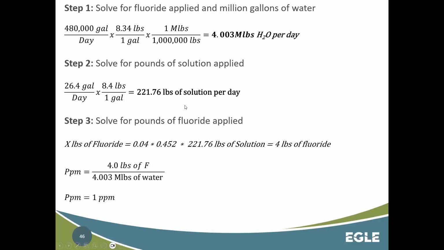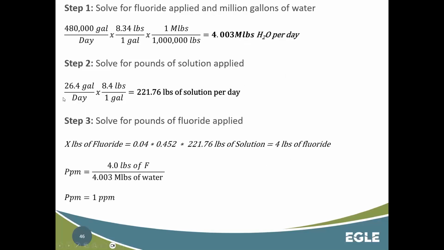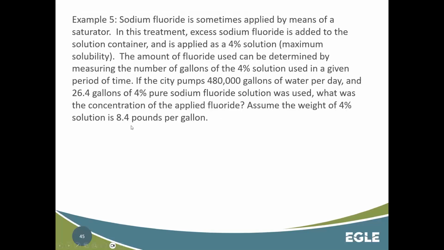All right, step 2, solve for pounds of solution applied. So if I go back up, it says 26.4 gallons of 4% pure sodium fluoride solution was used. So 26.4 gallons of solution was used. And they provide that the solution is 8.4 pounds per gallon.